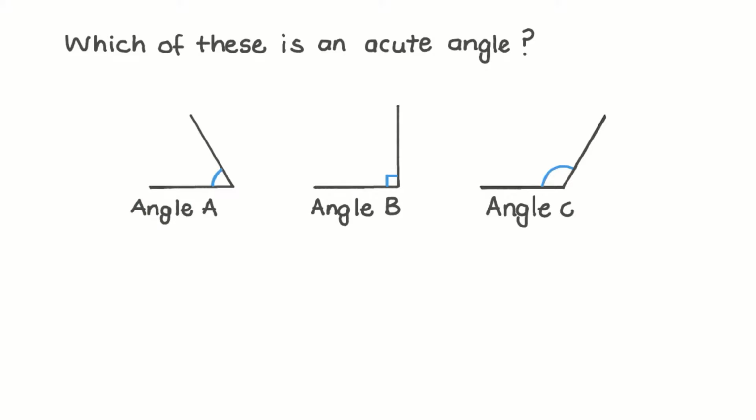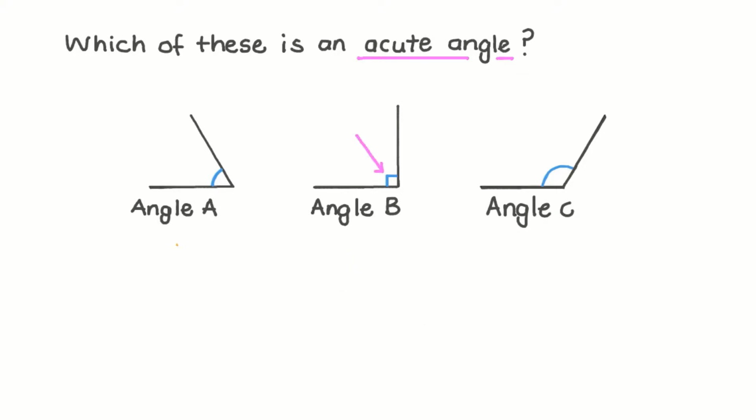Which of these is an acute angle? Angle A, angle B, or angle C? In this question, we have to identify the acute angle. It can't be angle B because it's a right angle.